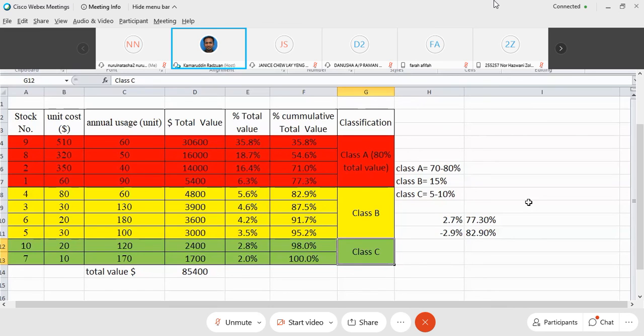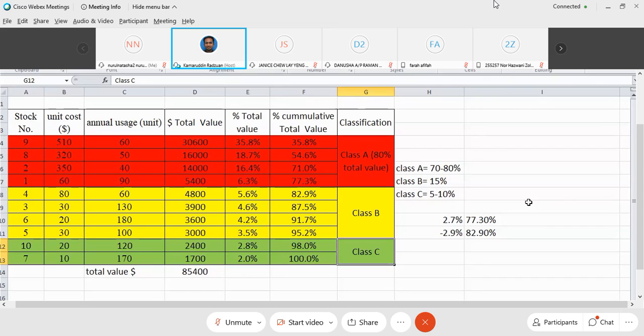So the classification of inventory will give information about the characteristics of inventory that the company has. For example, we know that the class A item has a high value compared to the class B and C items, right? So it signals to the organization or company to do tight control of inventory.